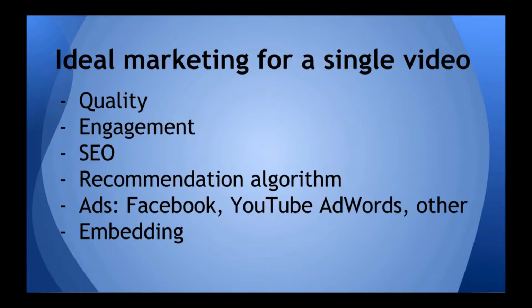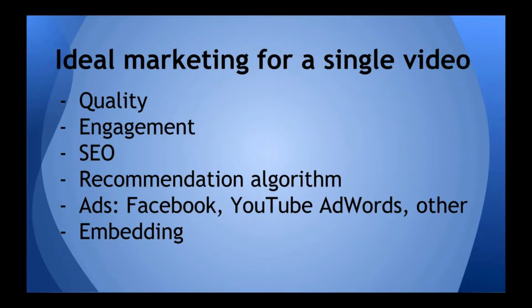Now, once you've got your initial views and you start growing your video inside YouTube, then the recommendation algorithm has to kick in, and it only kicks in then. The recommendation algorithm is on the right side or below your video, depending on the device on which you watch the video.